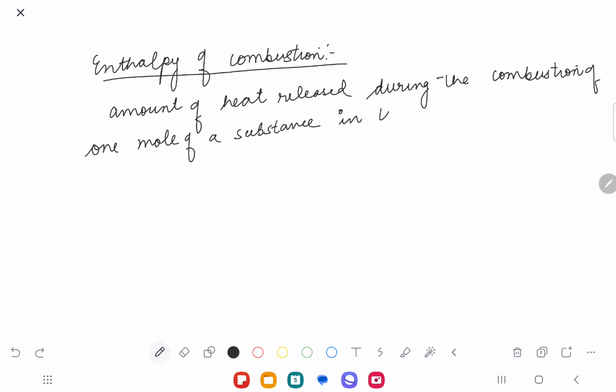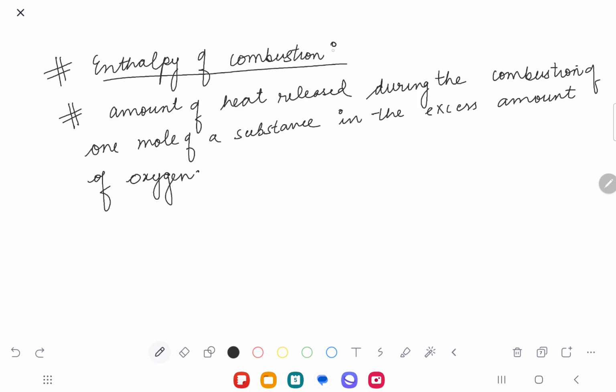So the amount of heat released during the combustion of 1 mole of a substance in excess oxygen, that is called the enthalpy of combustion.